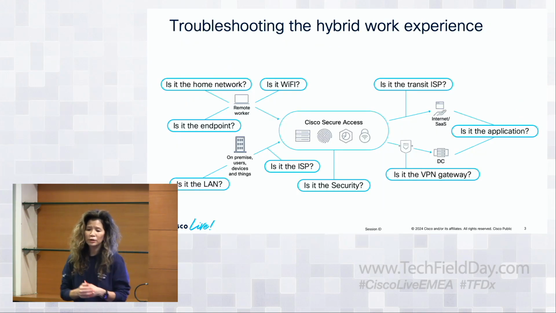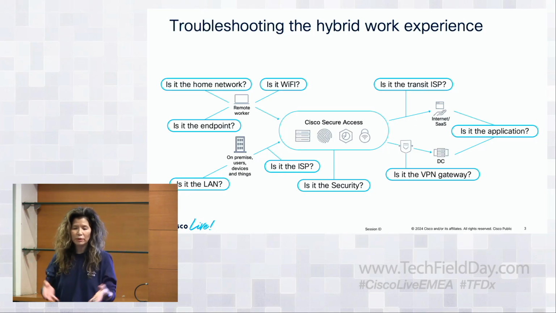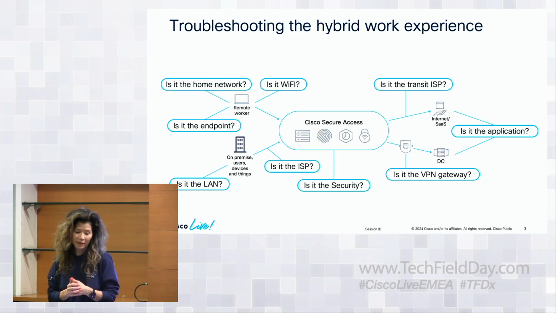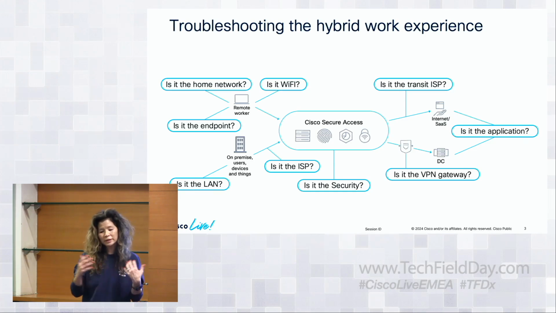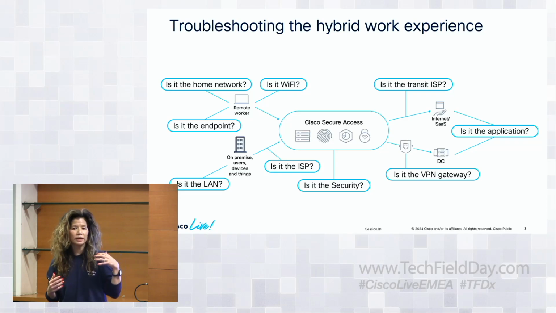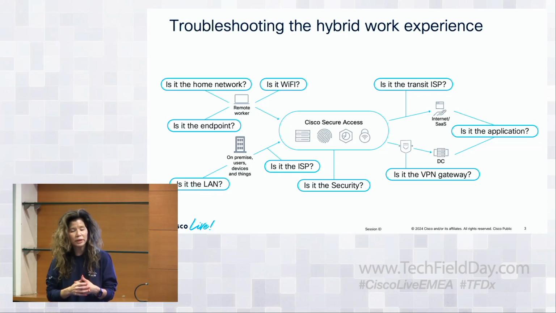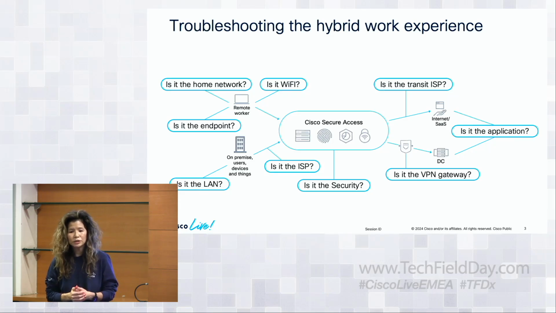Now that we've got our users connected to our service, and we've got our policies, built by our AI policy assistant, they're able to connect. They're accessing their applications from wherever they are in the world, and those applications can also be any place in the world.